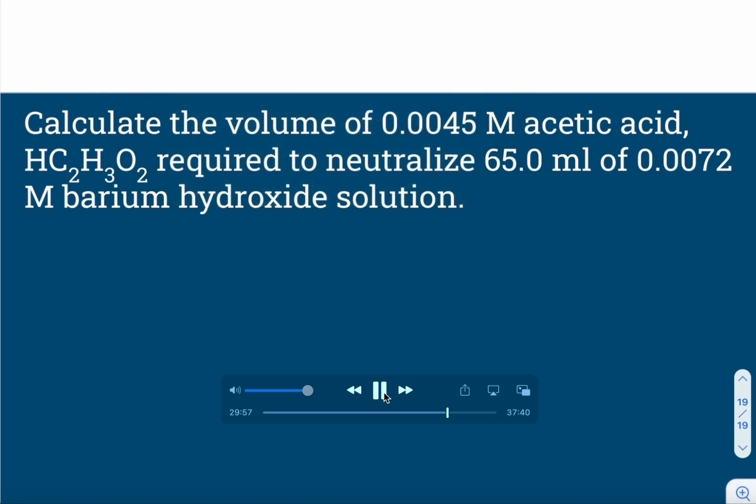So here we have acetic acid, which is a weak acid, and barium hydroxide, which is a strong base. Same basic idea, except we're changing it to barium hydroxide, and that changes a little bit of how we use our formula, so we'll get there.